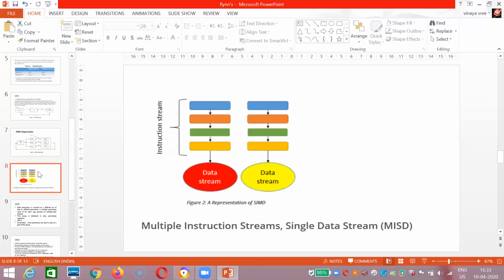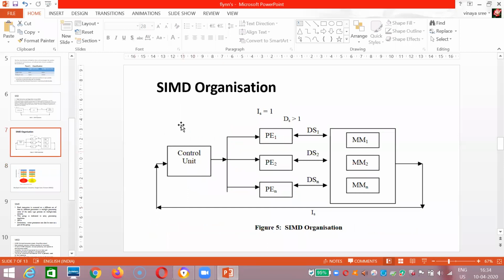See here, one more example. The instruction is the same, but the data is different. Single instruction means the control unit will be single, but you give different data.